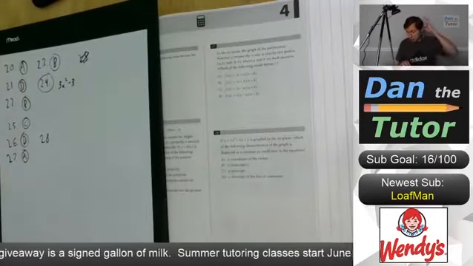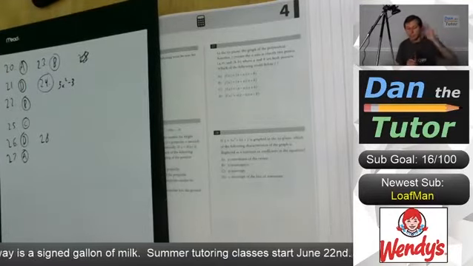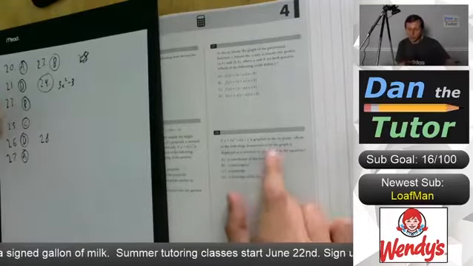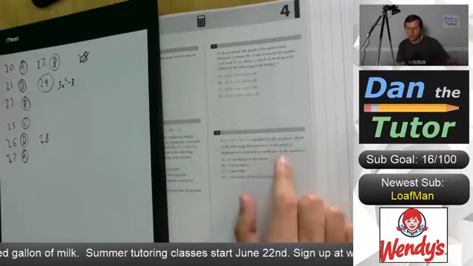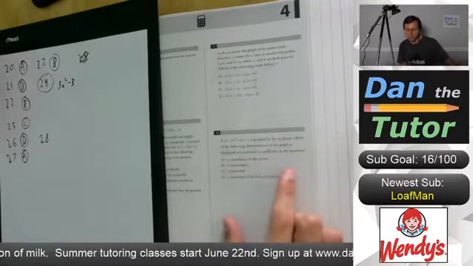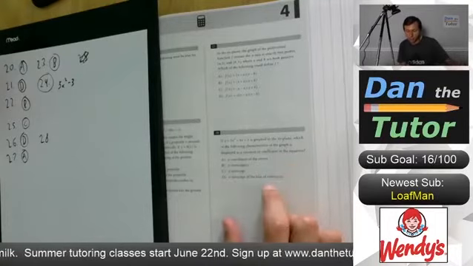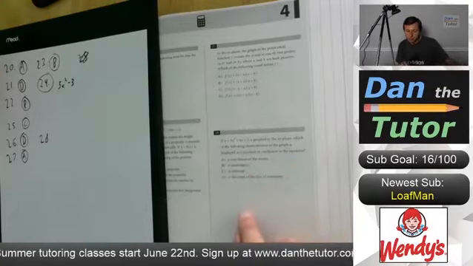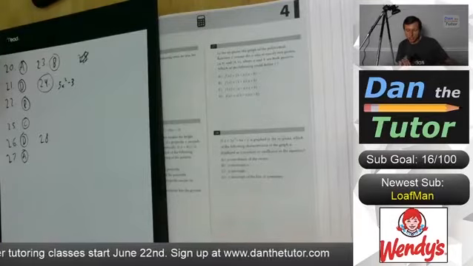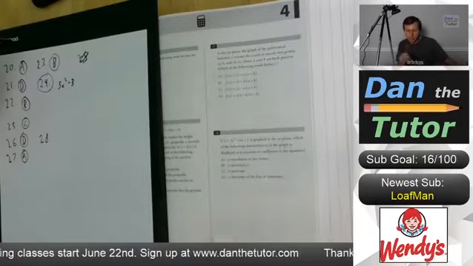28 now. These last few have been going fast, which is good. If y equals 3x squared plus 6x plus 2 is graphed in the xy plane, which of the following characteristics of the graph is displayed as a constant or coefficient in the equation?